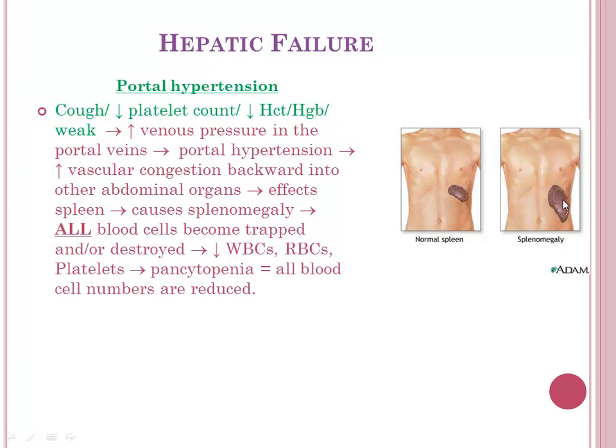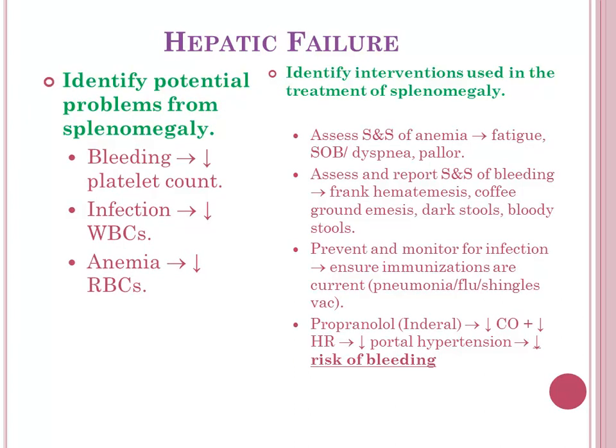And once those cells are destroyed, it's going to reduce the white blood cell count, the red blood cell count, and the platelets. When all of these three types of cells, the whites, the reds, and the thrombocytes or platelets, are reduced, that's known as pancytopenia. That's just another term for you to remember because you don't have enough to remember.